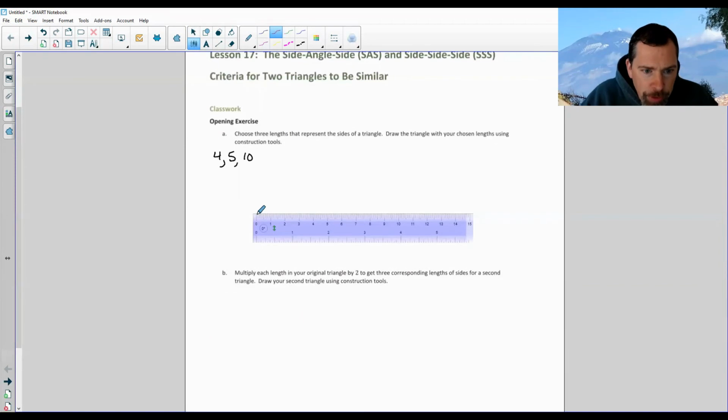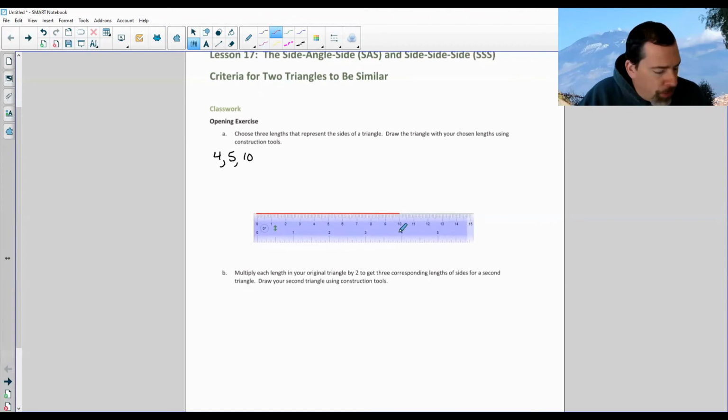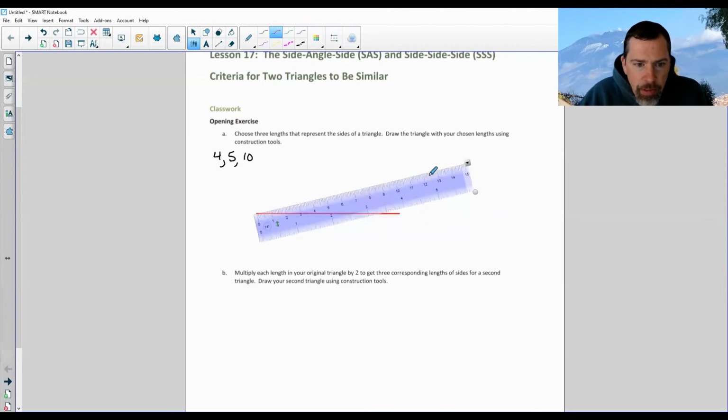So I'm going to quickly draw a segment of length 10, the longest side first. Then I'm just going to rotate my ruler, and now I'm going to draw a side length of 5. There's 5.